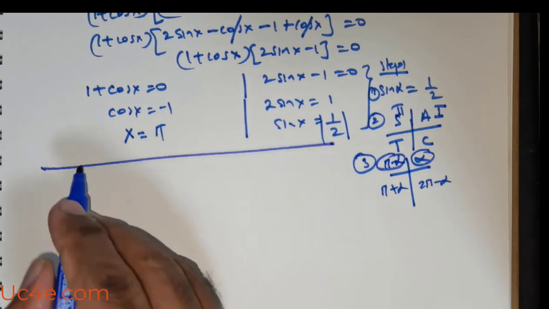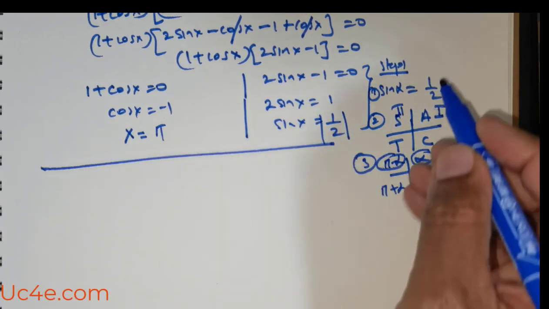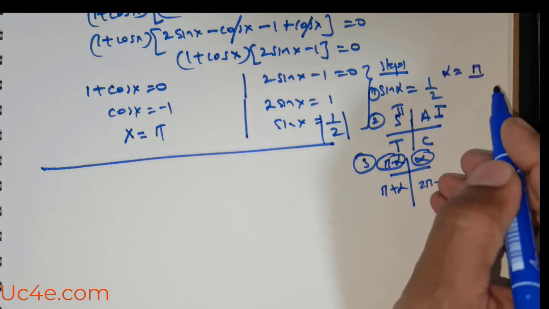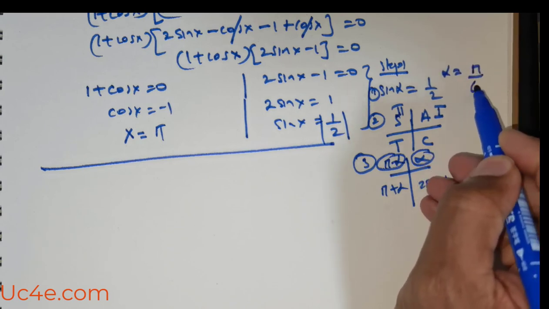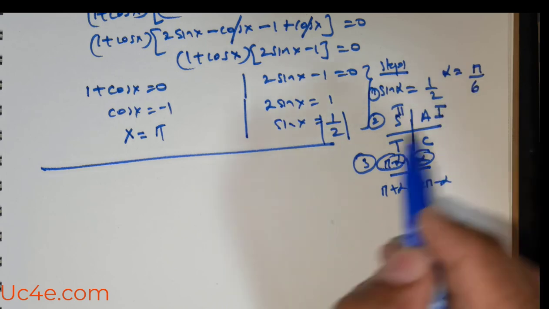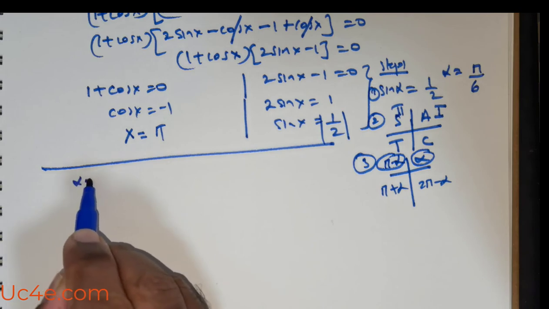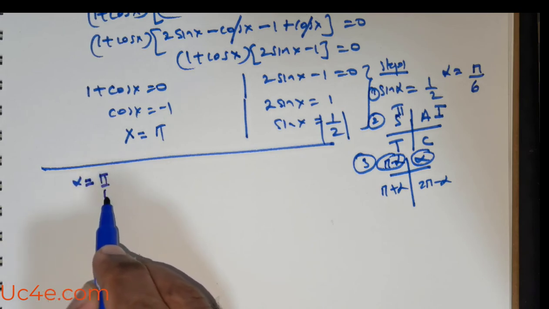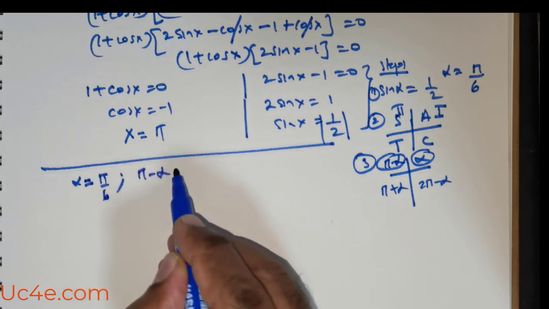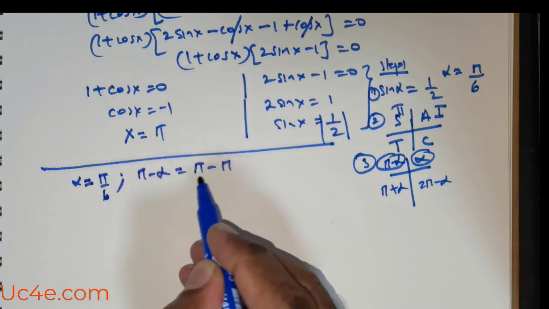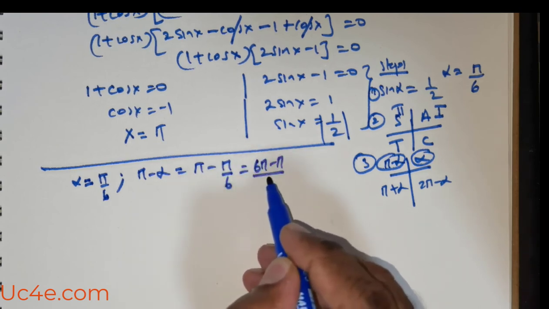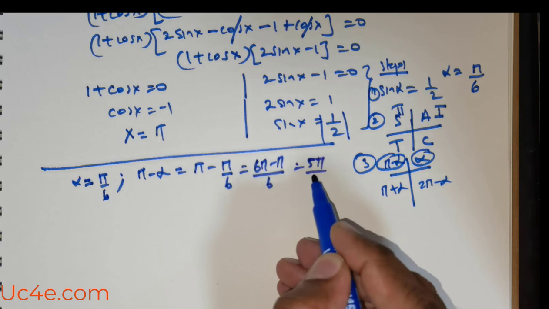So let me write that down. Now clearly in this case alpha is going to be equal to pi over 6, right? Pi divided by 6 is nothing but 30 degrees. Sine 30 is 1 over 2. So over here alpha is equal to pi over 6, that's one value. And next we obtain pi - alpha, which is pi - pi over 6, which is 6 pi over 6 - pi over 6, which is 5 pi over 6.